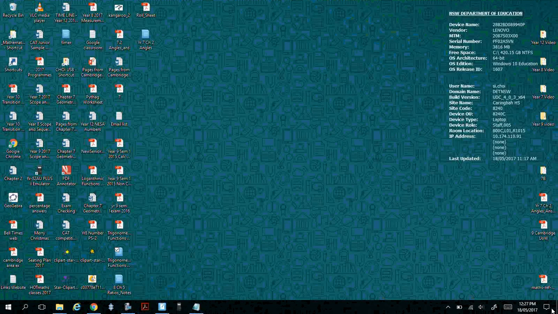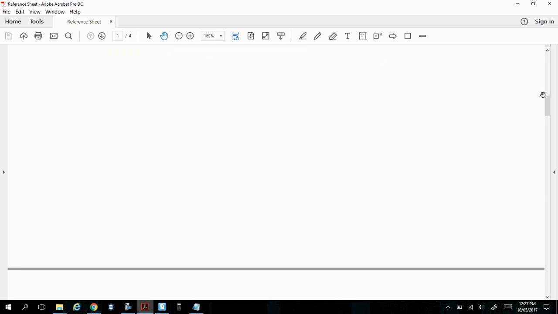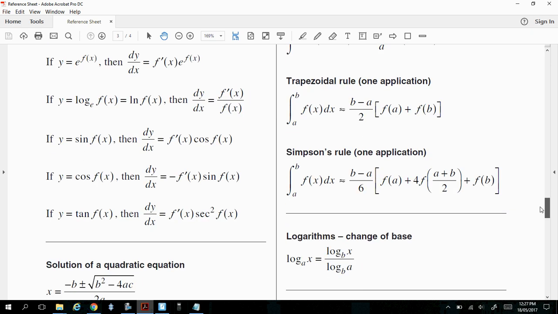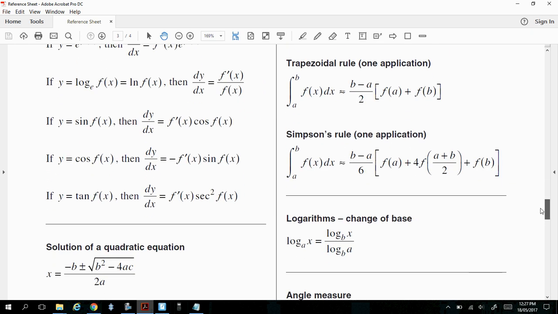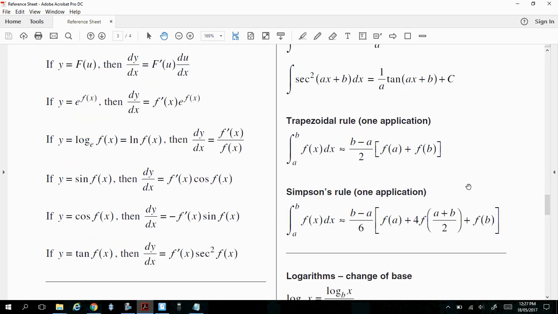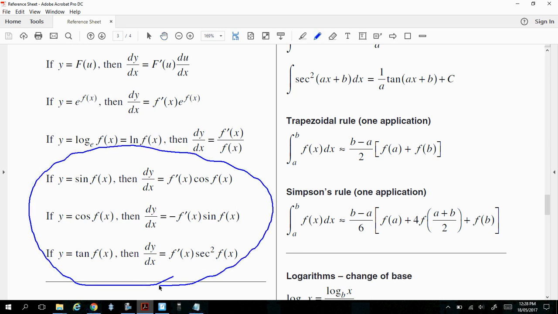On the third page of your formula sheet, you will see that you only get 3 formulas, not 4. So if we go back, you only get sine, cos, and tan.